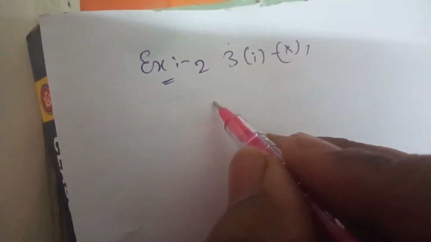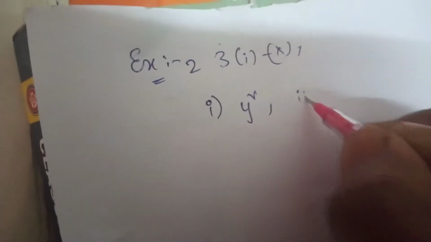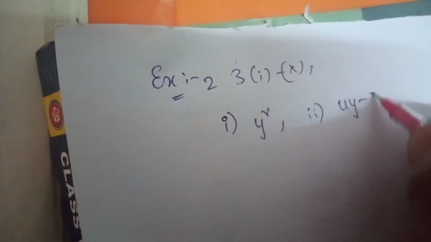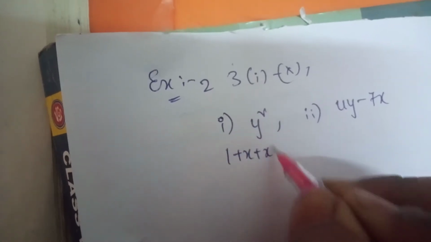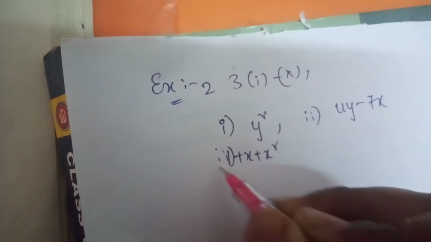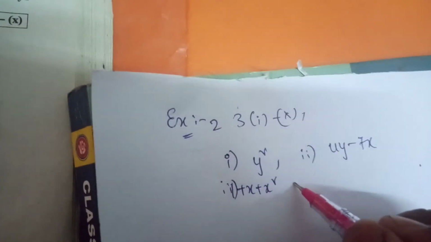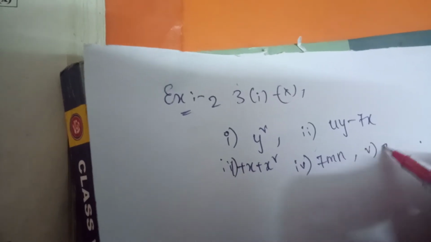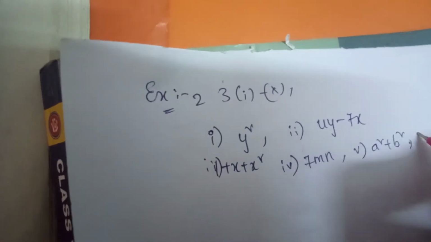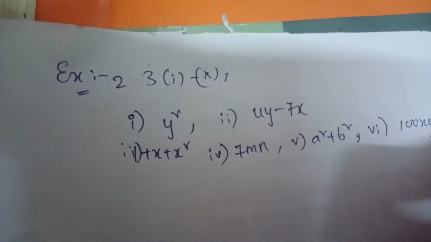Now from this, first one y square, second one 4y minus 7z, and third 1 plus x square. Fourth one is 7mn, fifth one a square plus b square, and sixth one 100xyz.